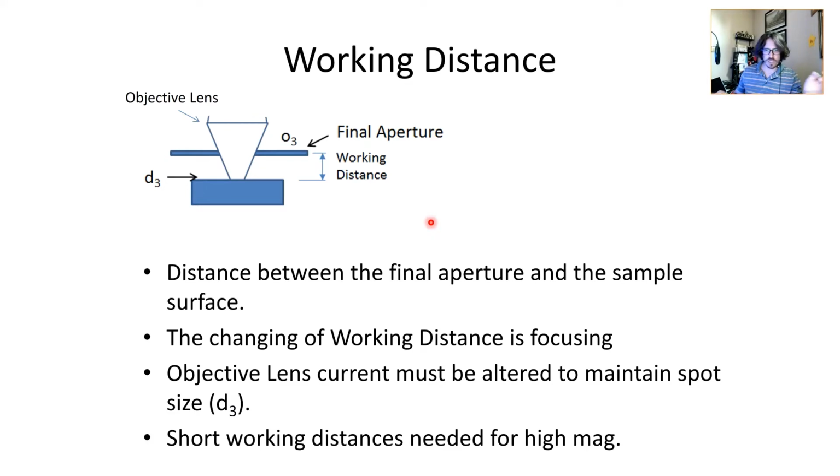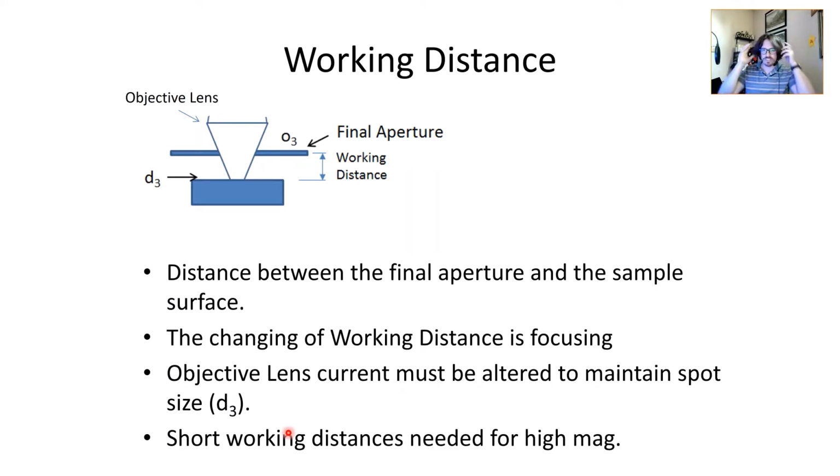When you're changing the focus, you're actually changing the objective lens current. And another thing I need to say is short working distance is needed for high mag. So if you have a really high working distance, like 15 millimeters or so, you're not really going to get high mag. On the S4800, you want a working distance of about 7 millimeters, thereabouts. And again, no absolutes, okay?